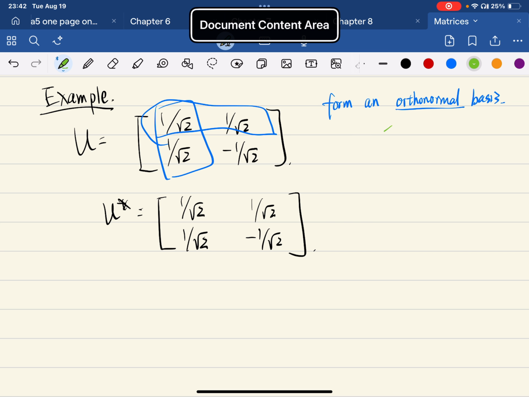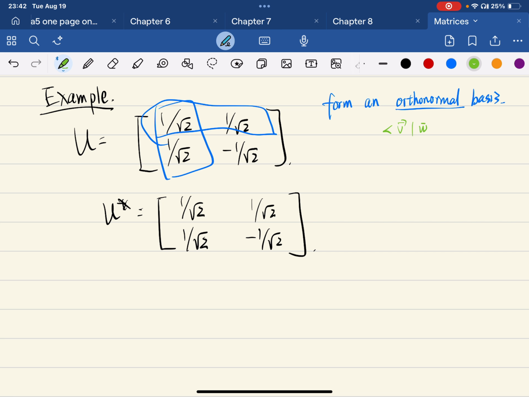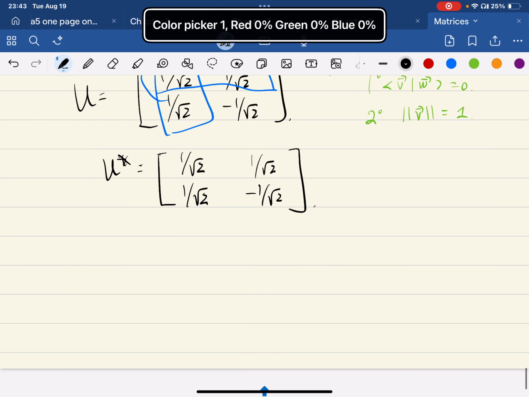Orthonormal means your inner product is 0 and the norm is 1 in that space. These are two very useful properties, which when you observe that the matrix has this, you start to think about the unitary matrices, and let's verify.